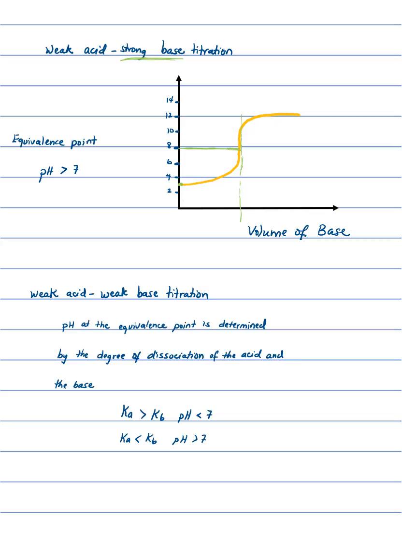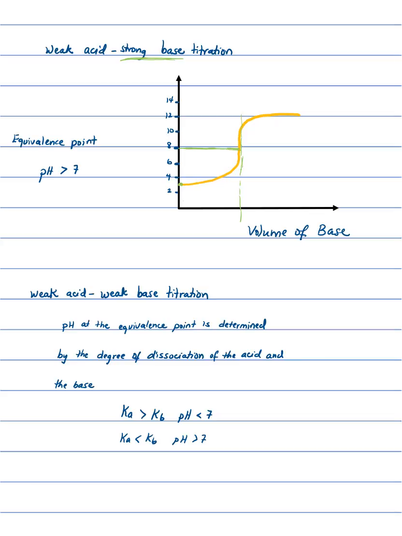So when you have a weak acid and a weak base, for you to make an estimate of your pH at the equivalence point, you need to know the Ka values. Ka value for the weak acid, Kb value for the weak base. Based on those numbers, you can actually estimate the pH value at the equivalence point of your titration.